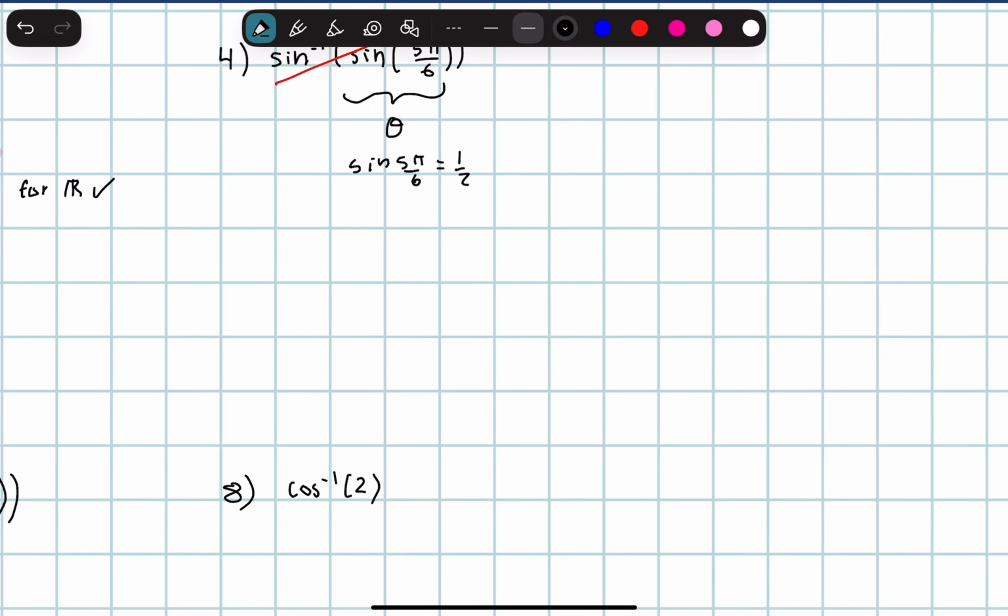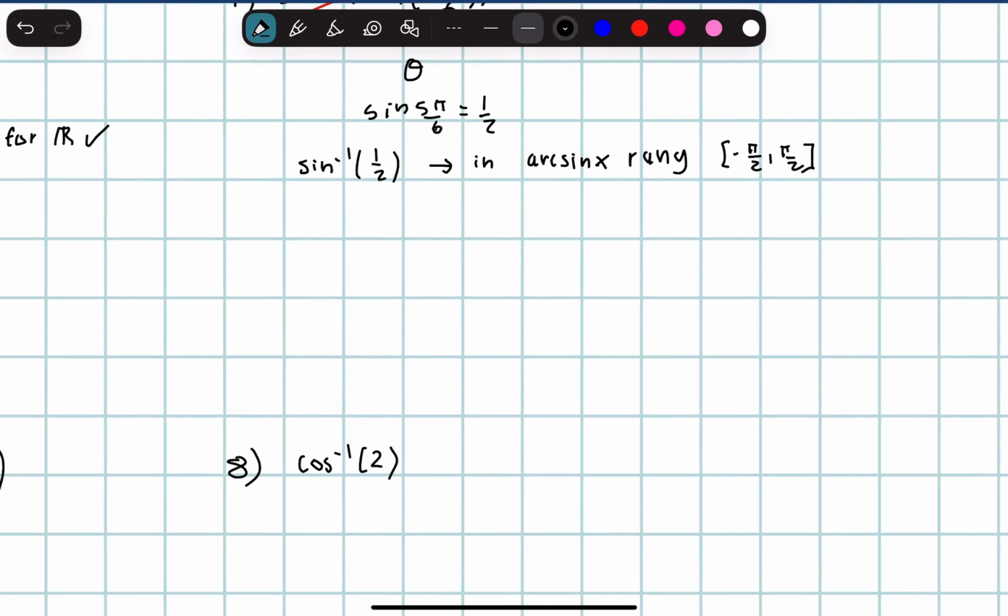And remember that for arcsine of 1/2, it has to be in the arcsine range, which is negative pi over 2 to pi over 2.